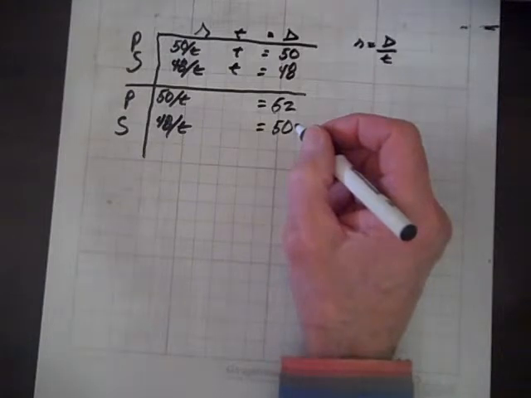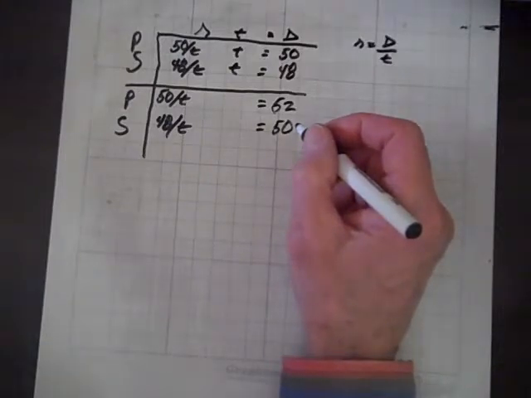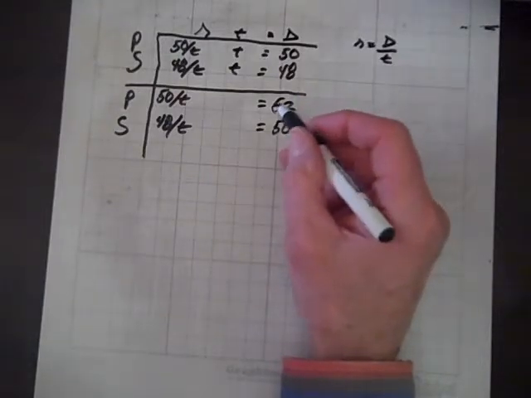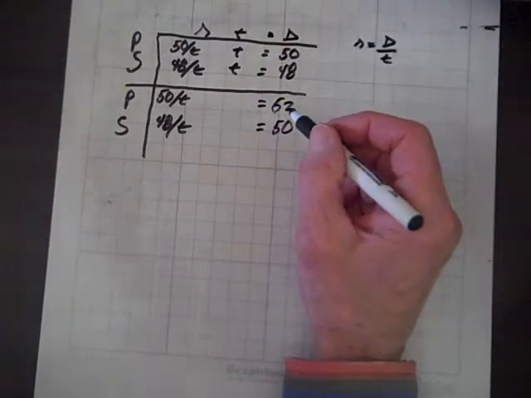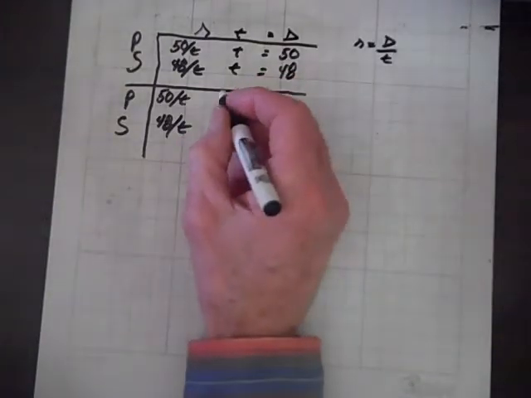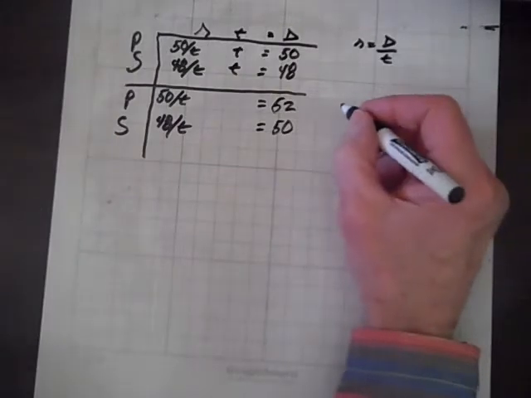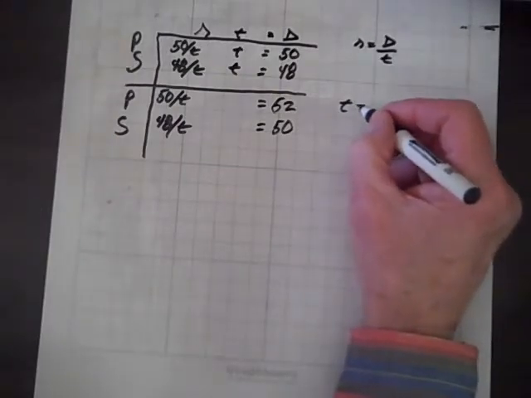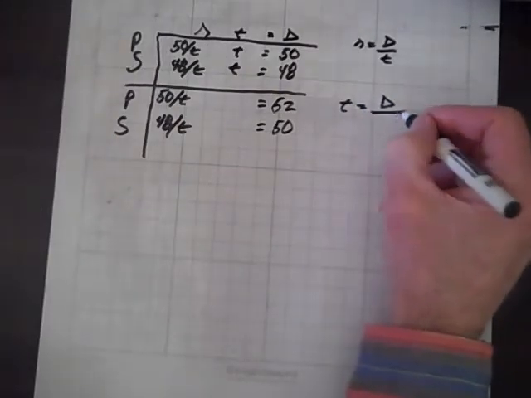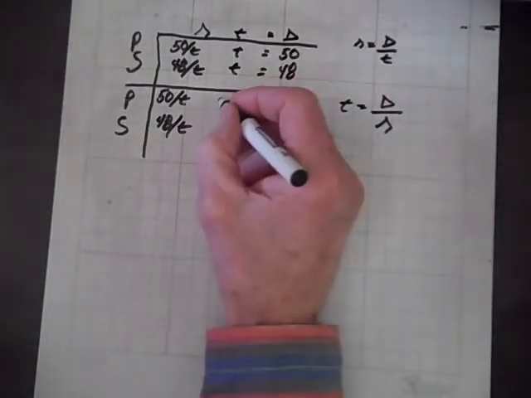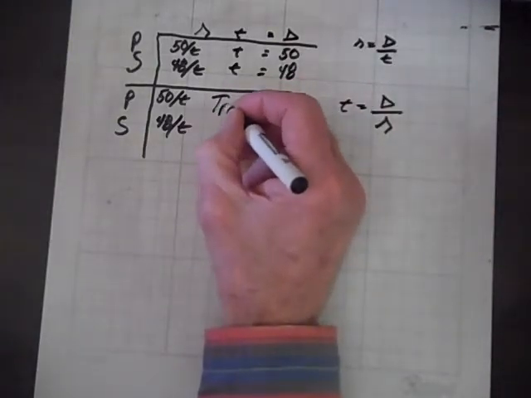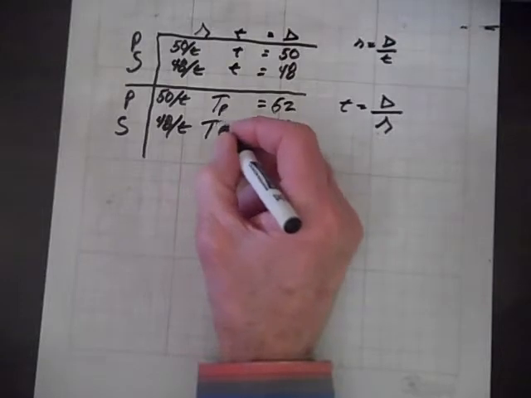And the question is, well, what are their times? If we knew who had the shorter time, then we would know who won the race. So, t equals distance divided by rate. So this is the time for Paul, t sub p. This is the time for Saul.